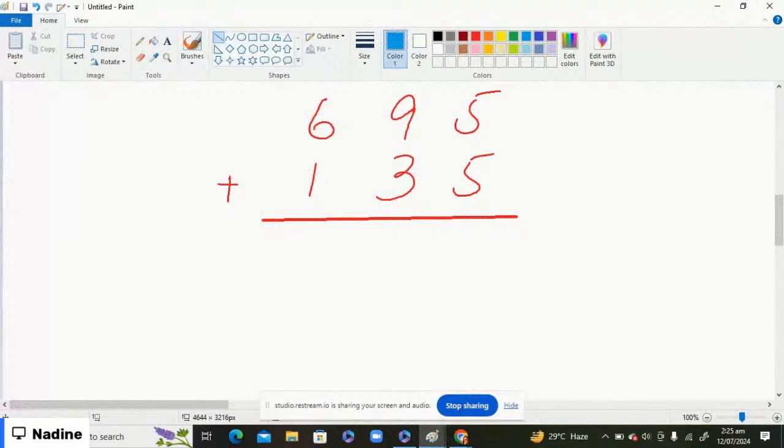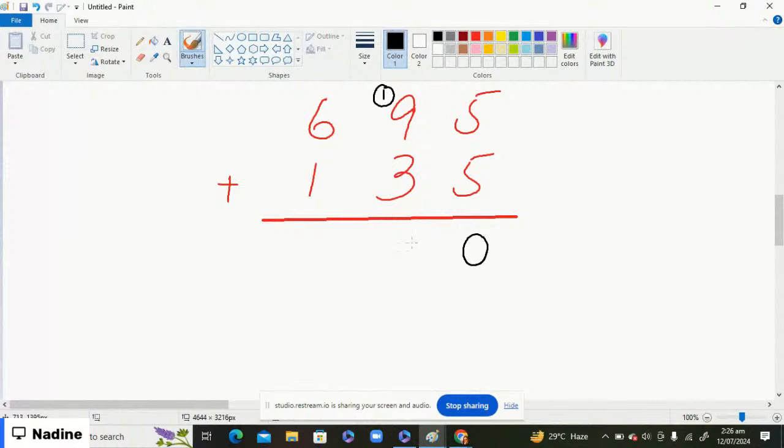When I solve, I got the answer: 5 plus 5 is 10. So I put 0 here, because the right side digit is 0, and 1 goes on top as a carry. Now 1 plus 9 plus 3. 1 plus 9 is 10, and 10 plus 3 is 13.